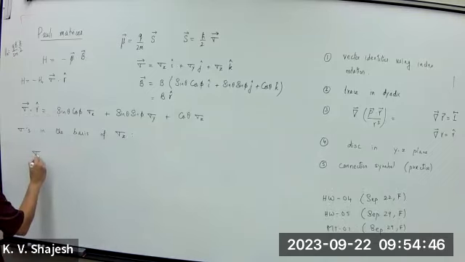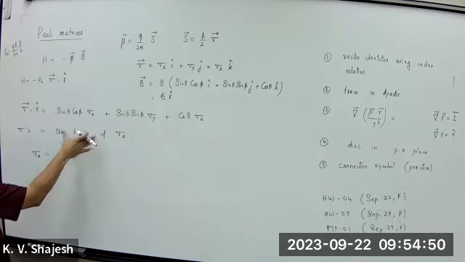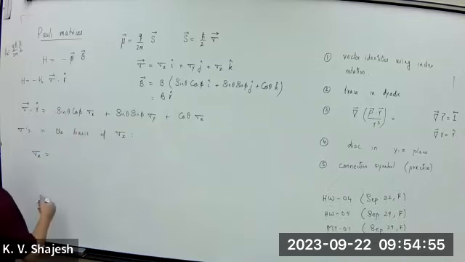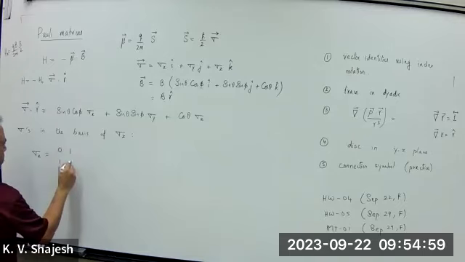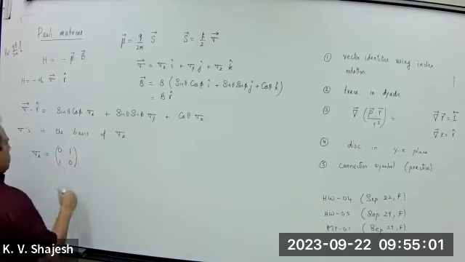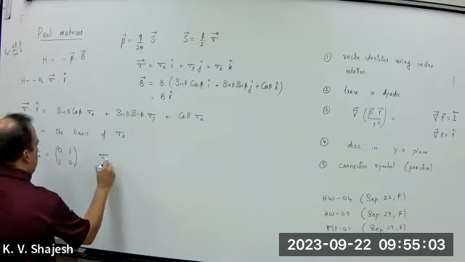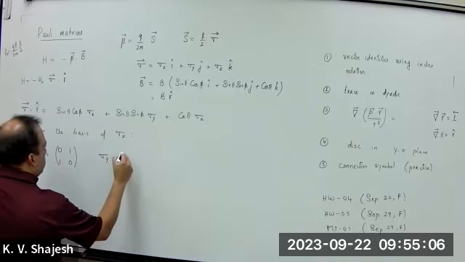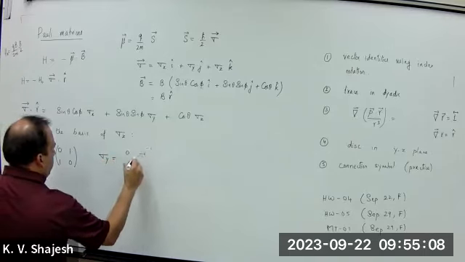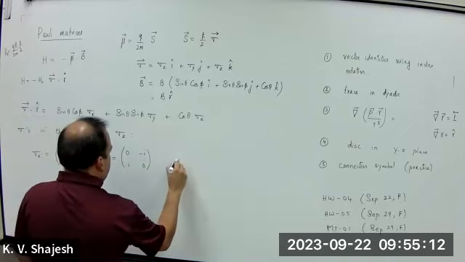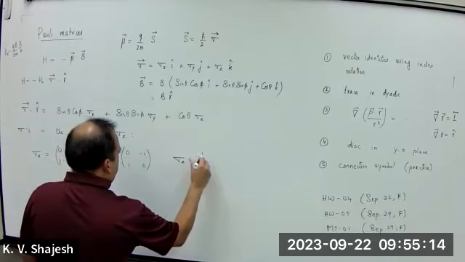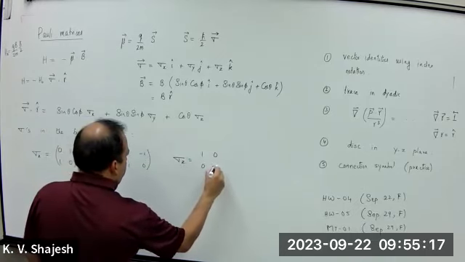So sigma x as a matrix representation in this basis, using a notation which I'm going to explain in a few minutes, is equal to [0, 1; 1, 0]. Sigma y is equal to [0, minus i; i, 0], and sigma z is [1, 0; 0, minus 1].